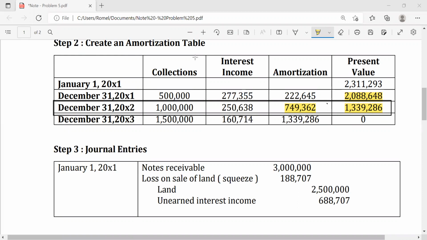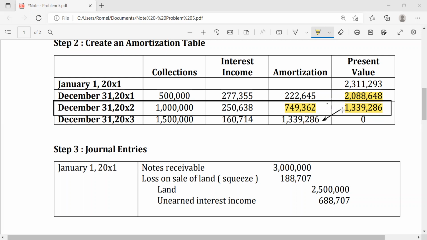So if that is the case, the current portion is 1,339,286. Walang non-current. Bakit when we prepare the financial statements for December 31, 20x2, bakit wala ng non-current portion?